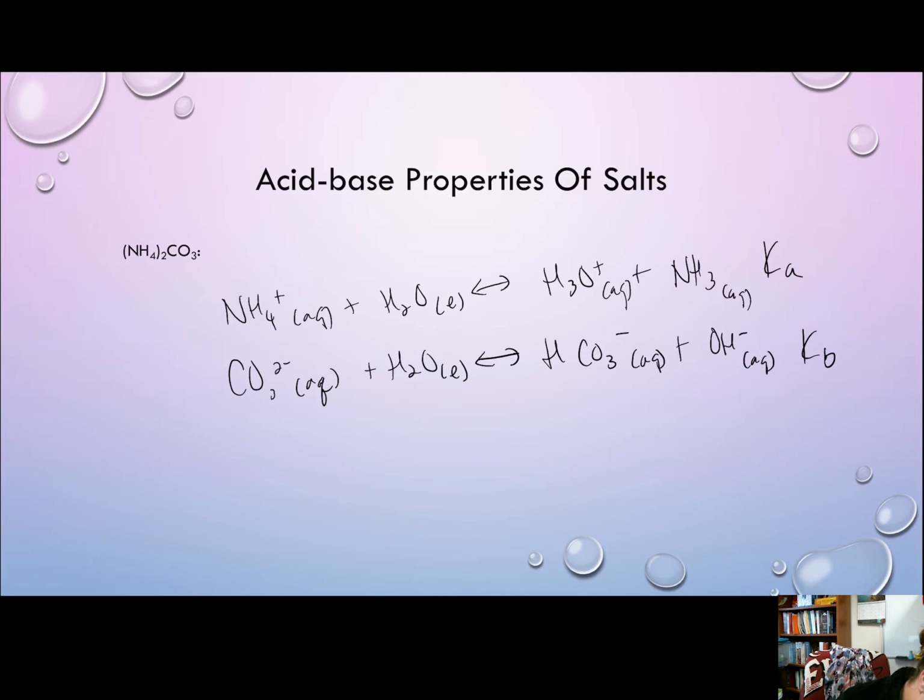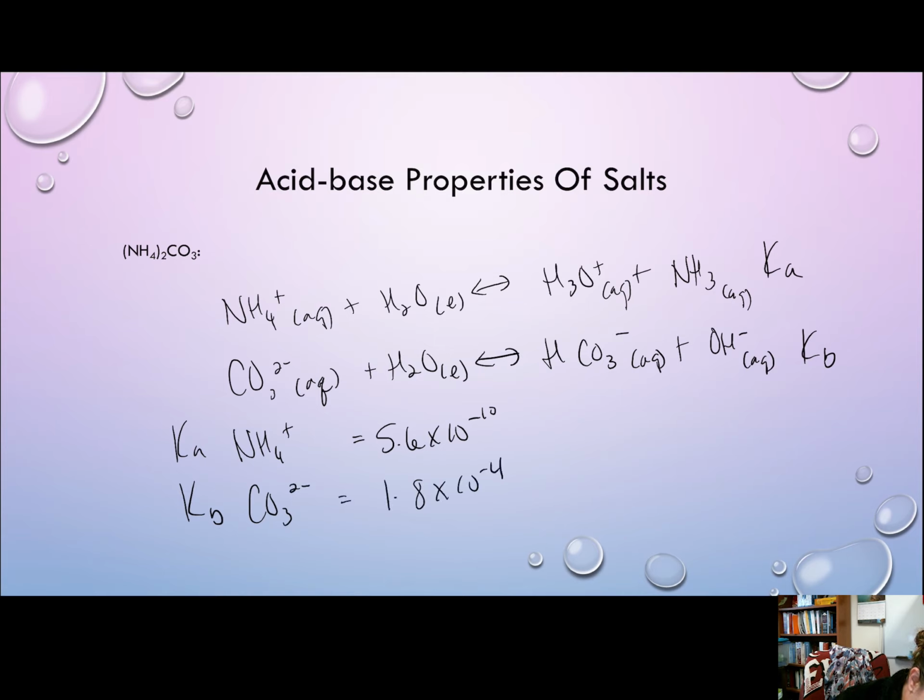So our Ka for NH4 plus is equal to 5.6 times 10 to the negative 10. Our Kb for CO3 2 minus is 1.8 times 10 to the negative 4.